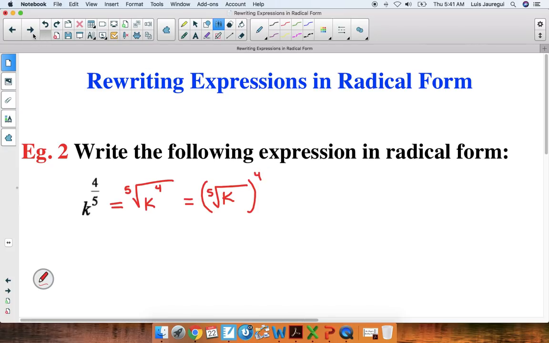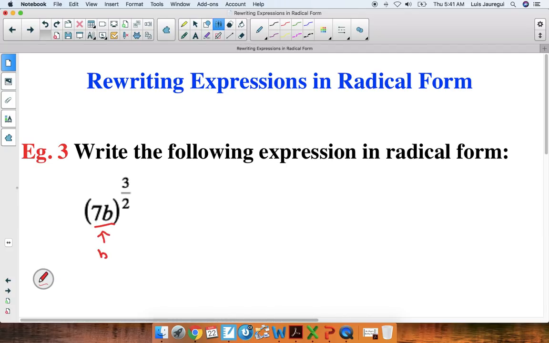Let's see 2 more examples. Write the following expression in radical form. Now here, the only difference is that my base is no longer just b, but in this case my base is 7b. So I'm going to be careful there by taking 7b as my base.